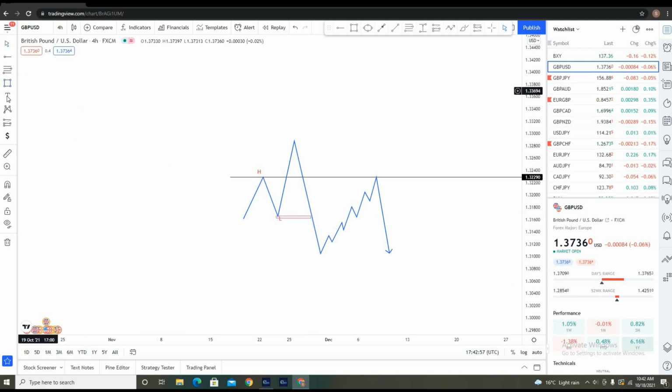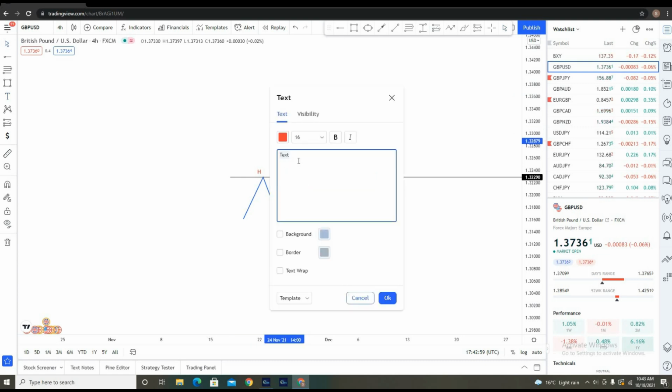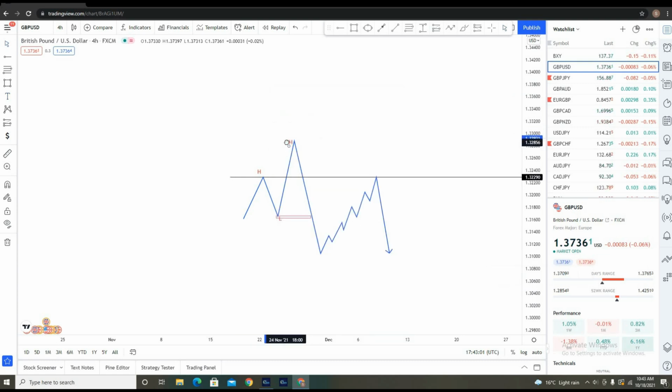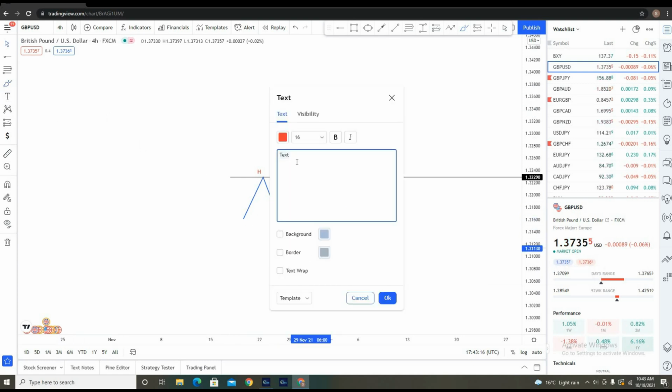As we move to the upside, we've got a higher high. When we have this higher high, what we want to see is a break of structure. A break of structure is this area right here. We can see that the structure has been broken, this low has been violated, giving us a lower low.